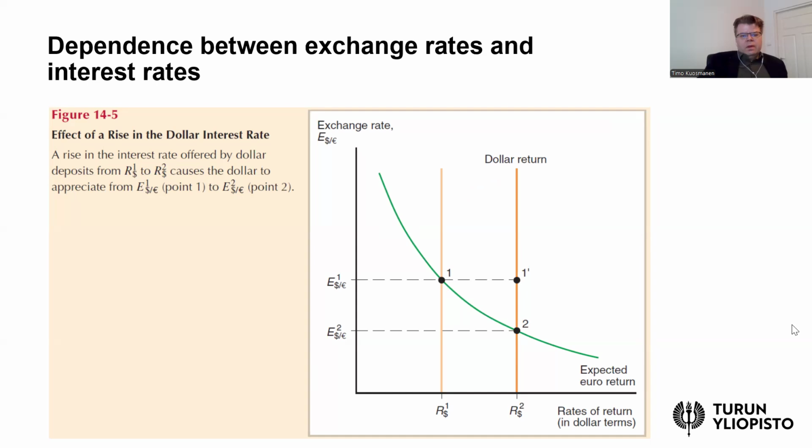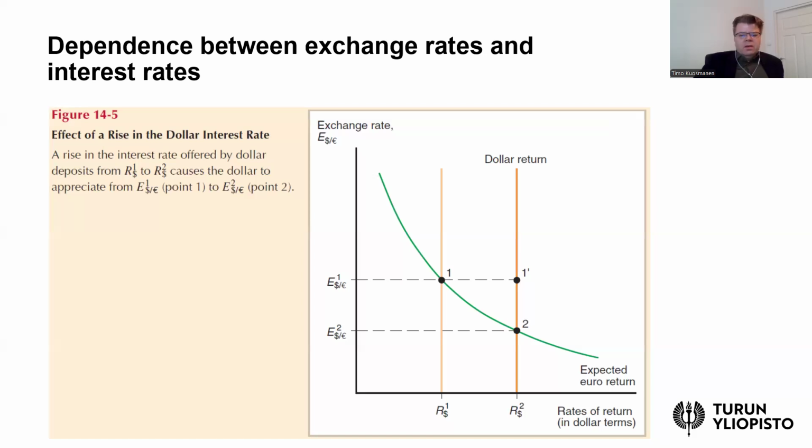There is a rise in the interest rate offered for dollar deposits. So what then happens in the foreign exchange market, supposing that the European interest rates do not change?